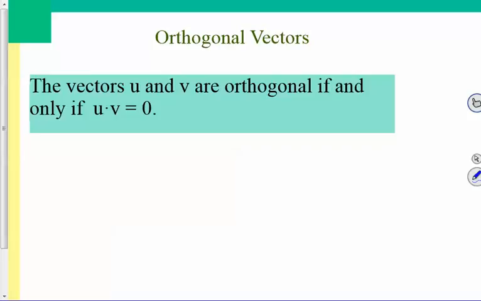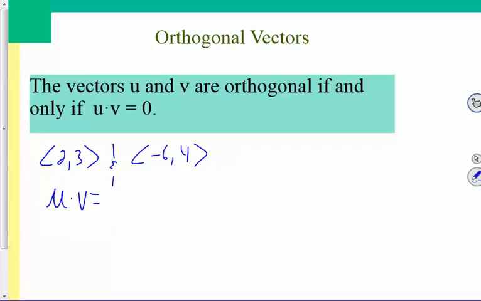So let's talk a little bit about that. Say I ask you to prove that this vector u and this vector v are orthogonal. We're just going to do u dot v.